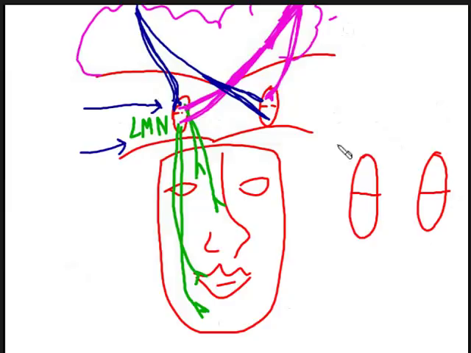This will influence both sides, but it will only influence the same side top half. This will influence both sides here, but only influence the same side. So can you see that the lower half is controlled by fibers only from the opposite side?